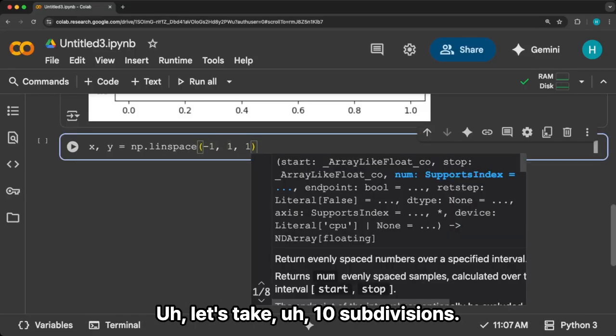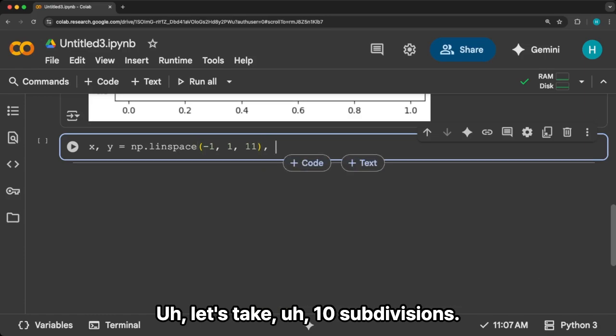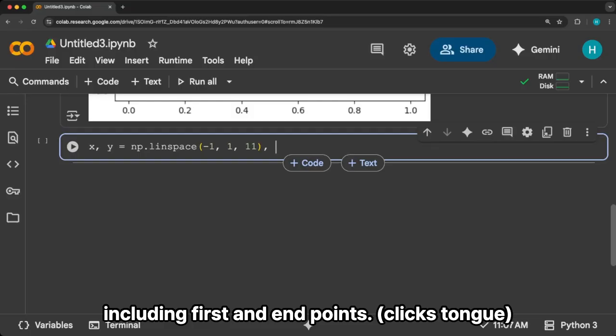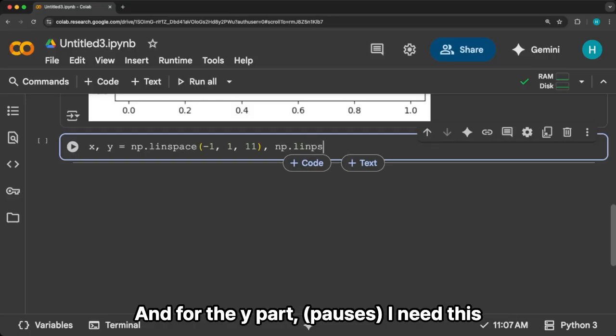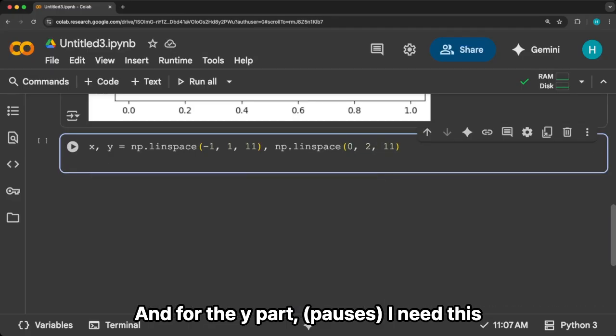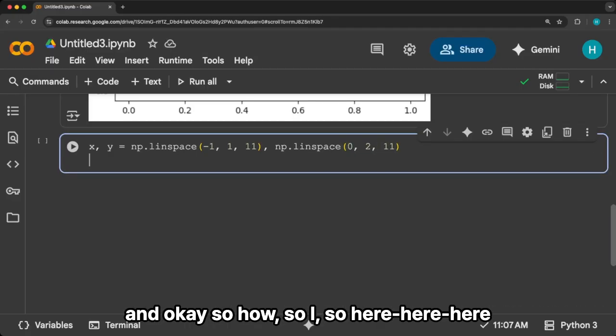Let's take 10 subdivisions. In order to take 10 subdivisions, I need 11 points, including the first and end points. And for the y part, I need this.